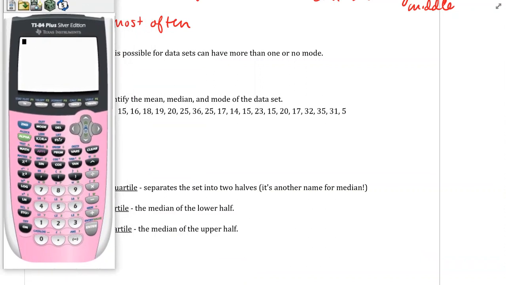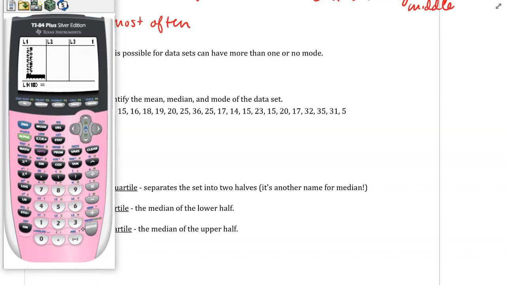All right, so I'm going to hit Stat, and I'm going to go into Edit, and under Edit, I'm going to clear out anything that might be in L1 or L2 already, and I'm going to start by typing in L1 my numbers. So 15, 16, 18. We want to be really careful as I type in here, because if I type one in wrong, or I miss one, it's going to give me a lot of wrong answers for the rest of this.